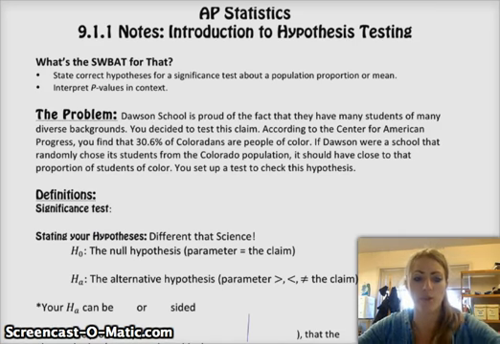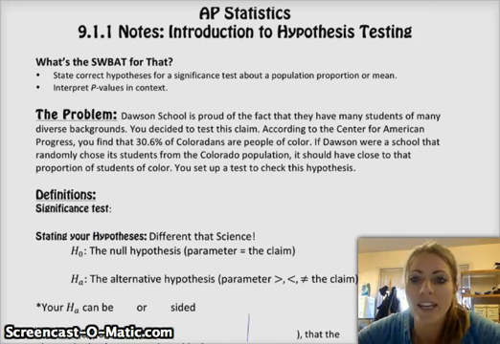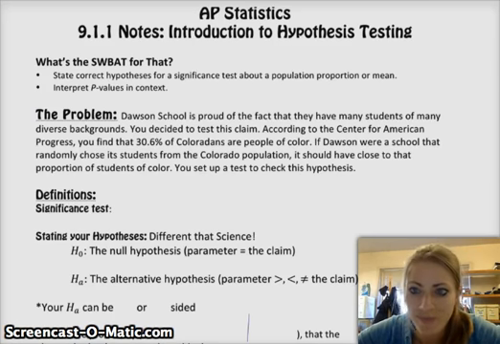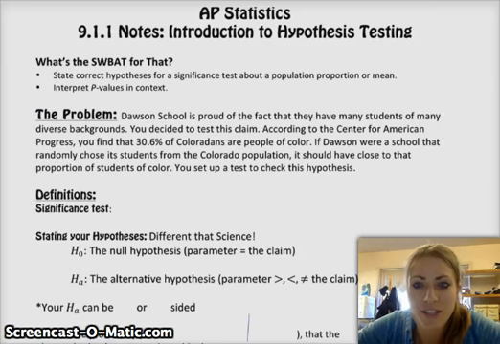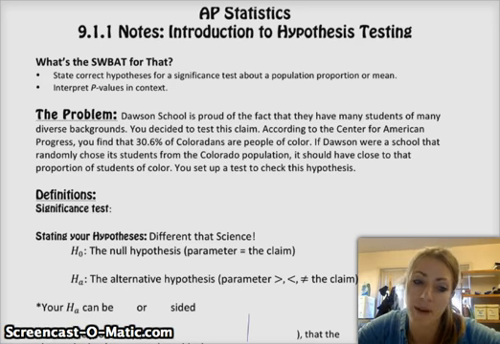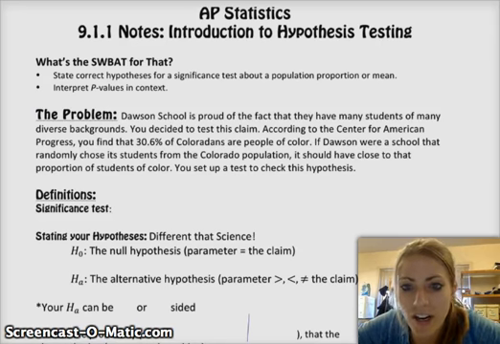And the kind of overall problem that we're going to be looking at is about Dawson School. And Dawson's pretty proud of the fact that they have many students of diverse backgrounds. And you said, I want to test this claim. I want to see how diverse they actually are.